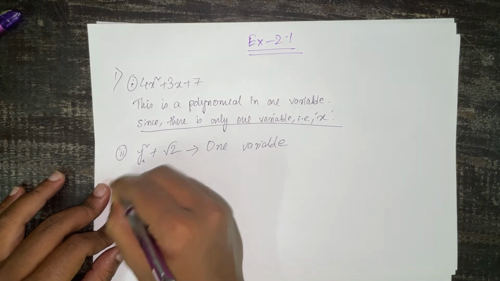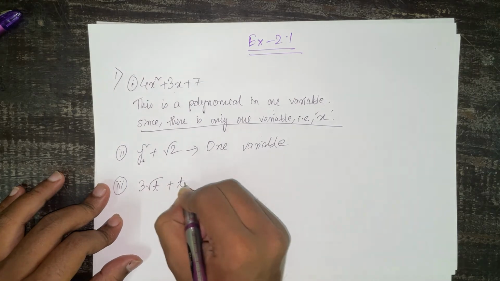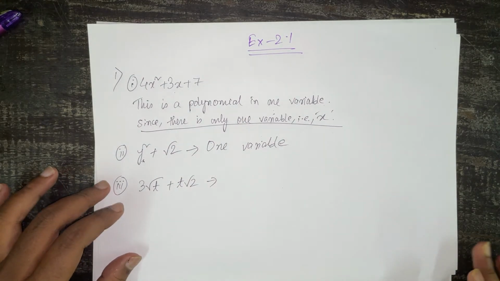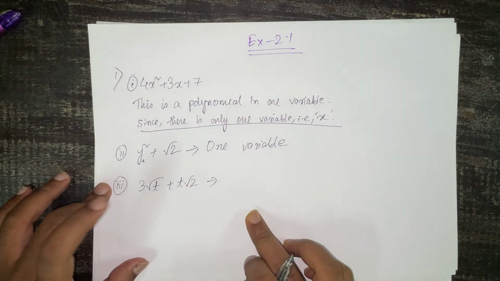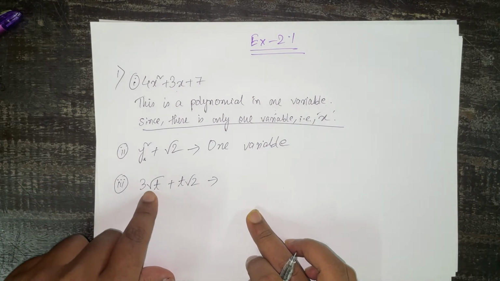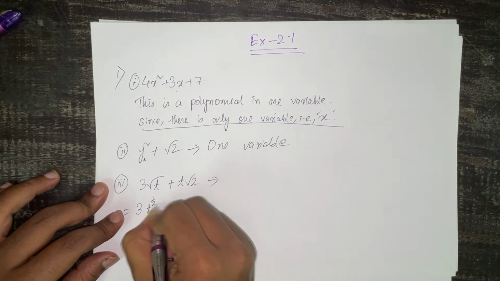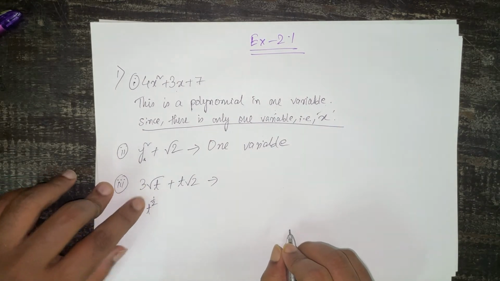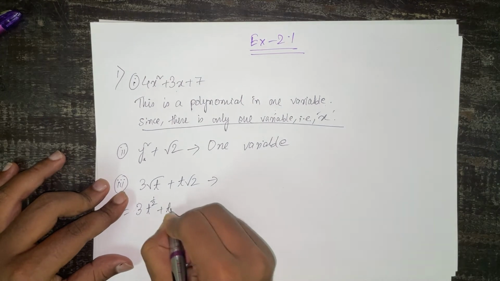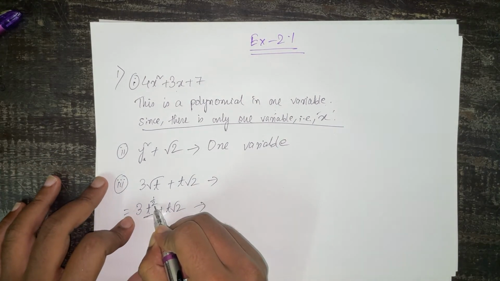Suppose number 3: 3 into root t plus t into root 2. Now what is this? This is not a polynomial. Why not a polynomial? Because here t's power will be half. Root means 3 into t to the power half, this is the square root, plus t into root 2. So here the variable has a power in fraction.